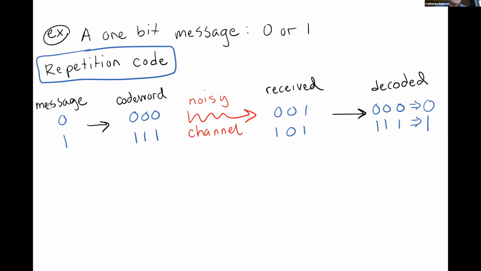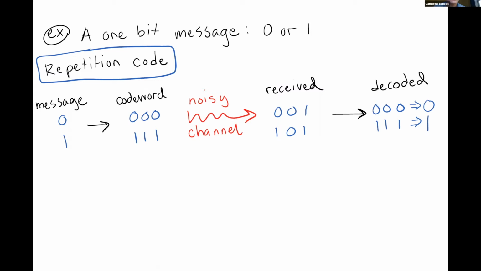So what we do is we take our message, we triple it, so 0 becomes 3 zeros. We send that code word through our noisy channel. Possibly something goes wrong in transmission. So say instead of receiving that 0 0 0 we sent, some stuff happened beyond our control and we accidentally received 0 0 1 instead.